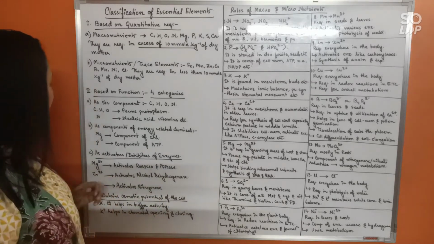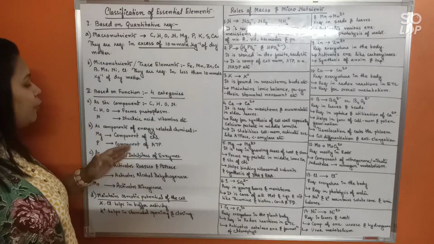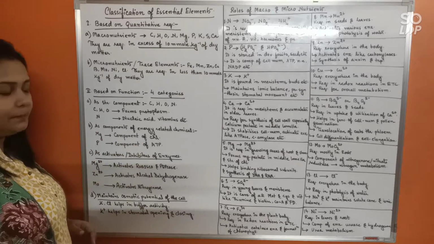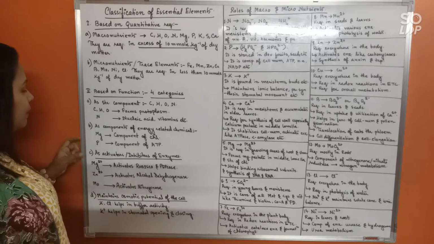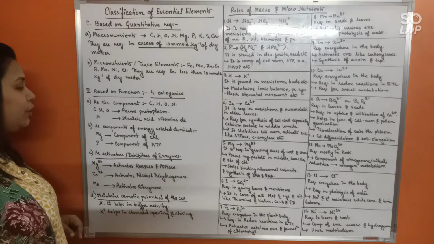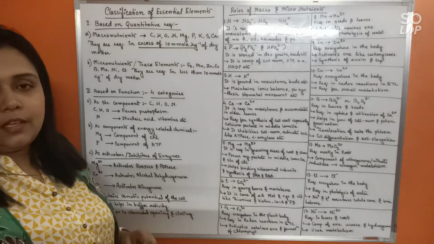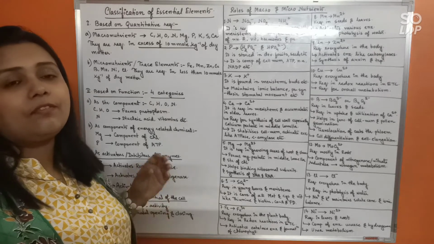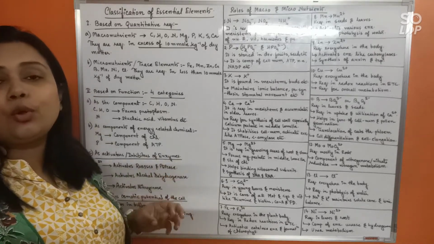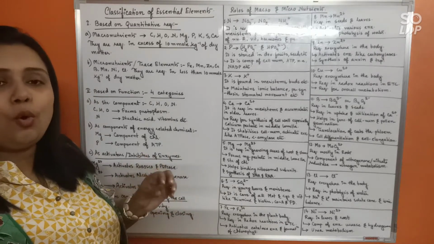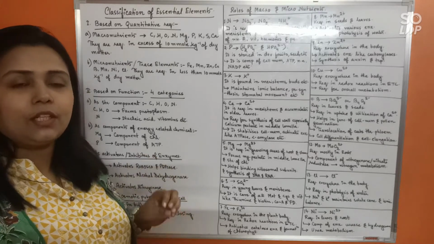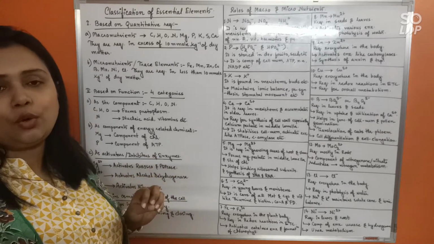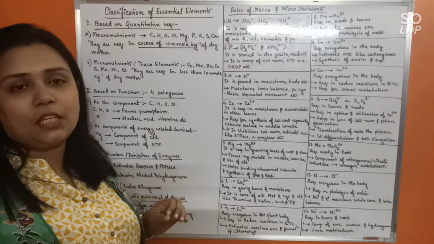Now, components of energy related chemicals. Magnesium is a component of chlorophyll. If you remember the last class, I told you that magnesium is a very integral part of chlorophyll. If you study the structure of chlorophyll, the core consists of magnesium.